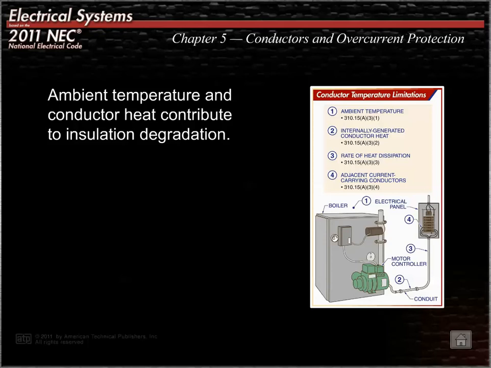The third factor is the dissipation rate of the heat into the surrounding environment. The final factor is the heat generated by the adjacent current-carrying conductors. All of these factors shall be considered prior to selecting the type of insulation and determining the conductor's allowable ampacity.